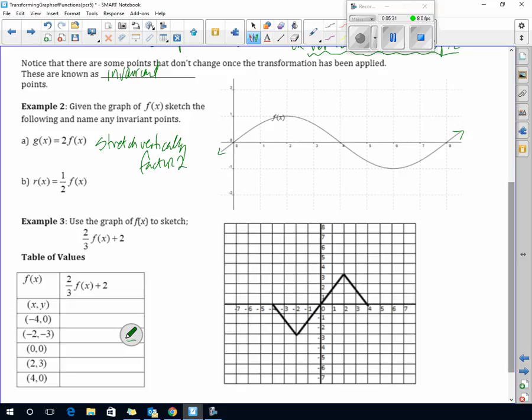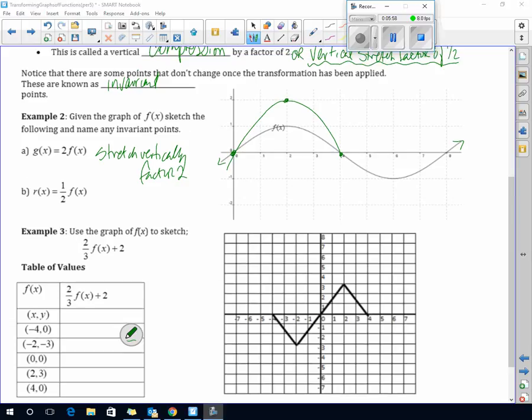It looks like it's approximately (2, 1), which would become (2, 2). It gets doubled, so it's going to go like this, up. Go back down to (0, 0). Actually, (4, 0). Yes? So, negative 1 gets stretched to negative 2 now. So that's the end of my stretch vertically factor of 2.